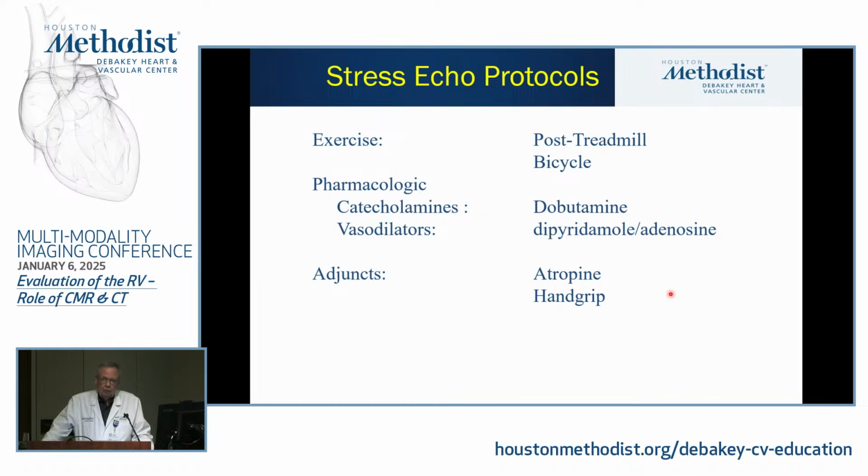Vasodilators are used, of course, for all the nuclear techniques, but in the US at least, they are practically not used at all. And atropine is very helpful to increase the heart rate in patients getting a dobutamine stress echo. And hand grip also can be a nice adjunct when you're doing a dobutamine stress to increase blood pressure even further and try to induce ischemia.